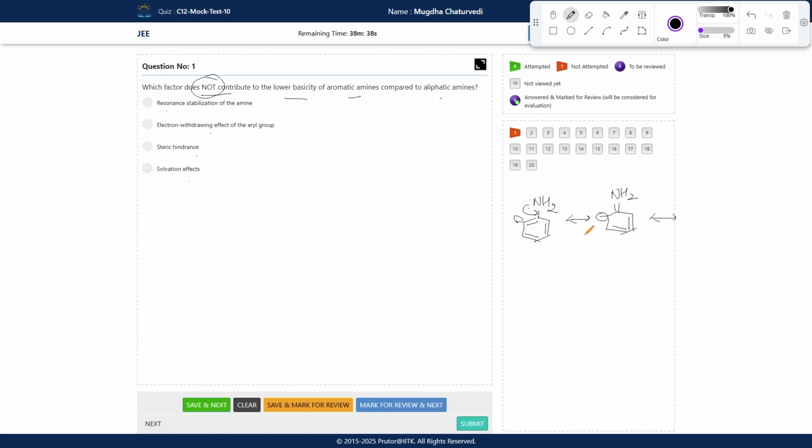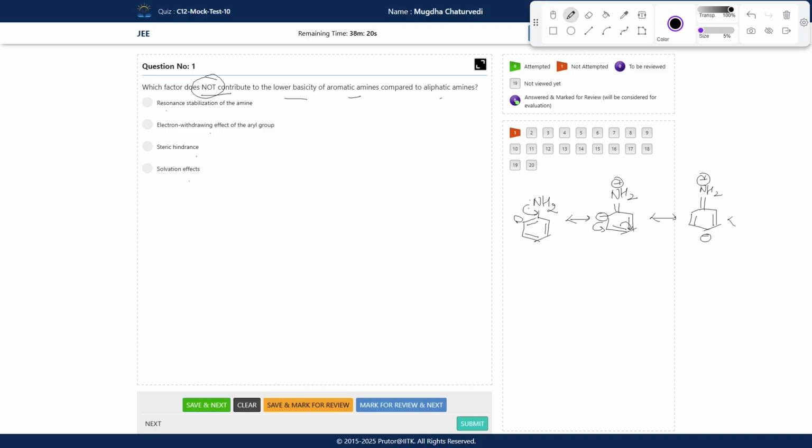The next resonating structure which we can draw: this will move to this side, so I will have a double bond NH2 and of course a positive charge over here, and a negative sign over here.